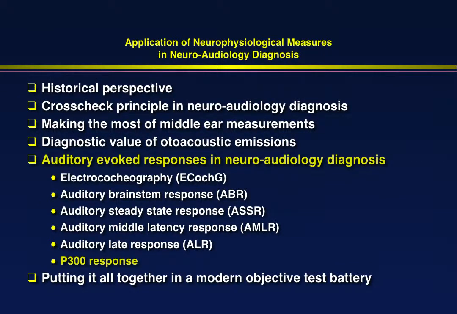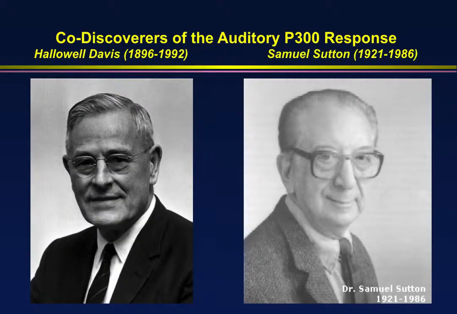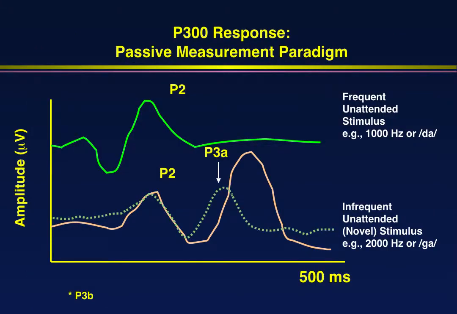I'm going to wrap up the responses in a moment here with the P300. It was co-discovered back in the mid-60s by these two people, Hallowell Davis and Samuel Sutton. It's recorded like you'd record a late response, except you don't have just the frequent stimuli.